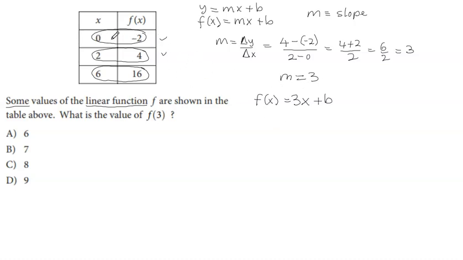It actually looks like this is going to be the intercept, but let's calculate it anyway. So for the intercept, we're going to say f of 0 is equal to what? Because for the y-intercept, it's at the point where x is equal to 0. 3 times 0 plus b.